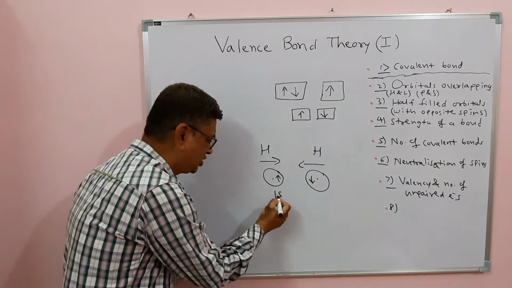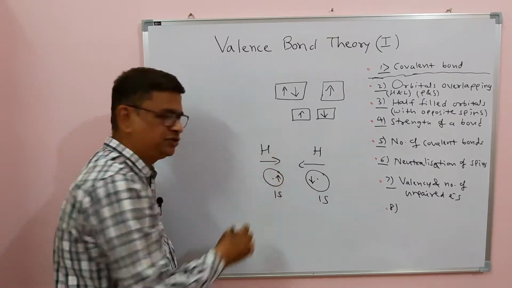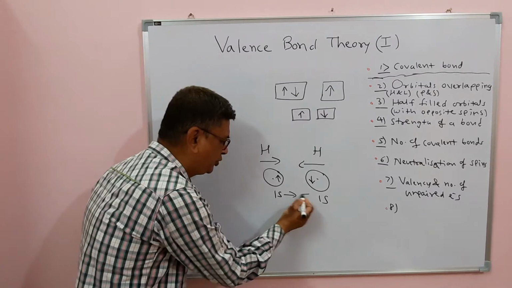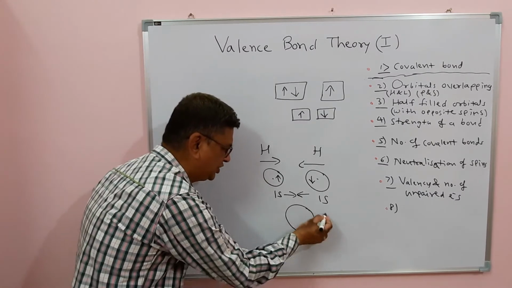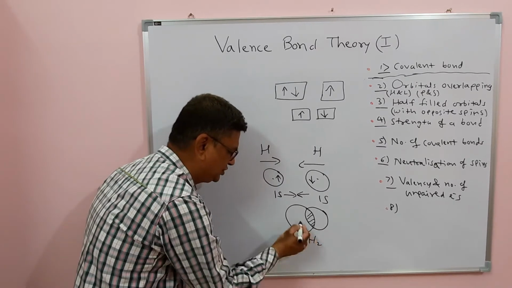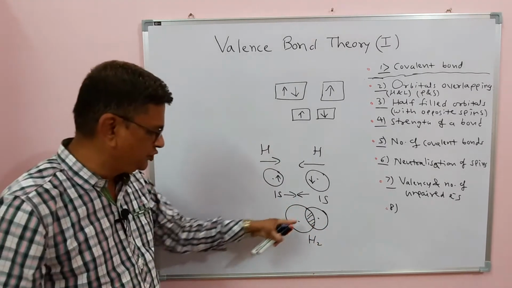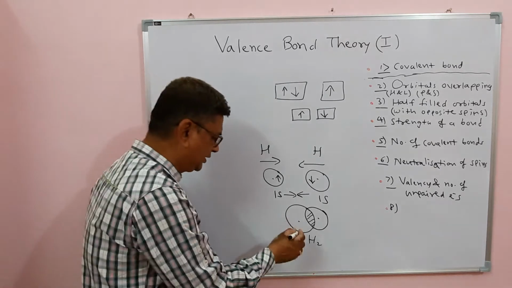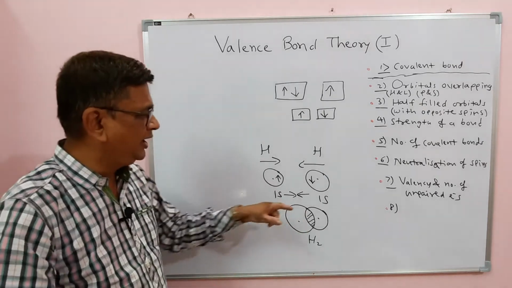This is the 1s orbital of two hydrogen atoms, and when they approach each other, the overlapping occurs in this manner. This is how the H2 molecule is formed, and the overlap region is shown by the shaded part. So there are now 2 electrons in the overlap region.